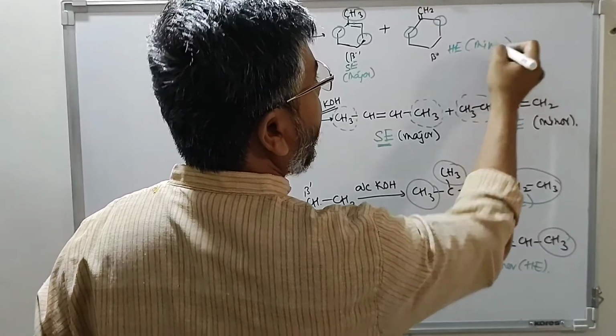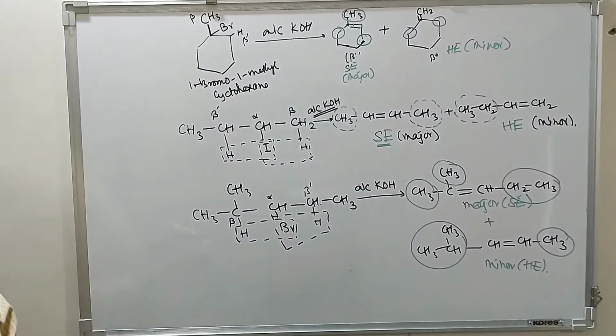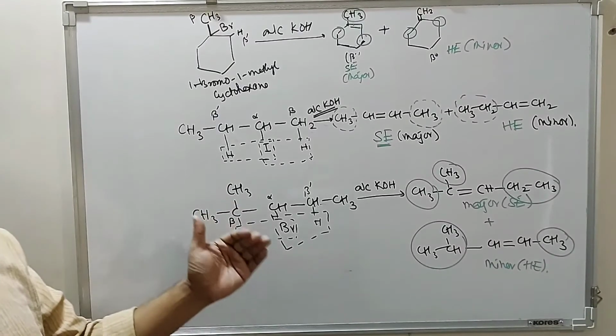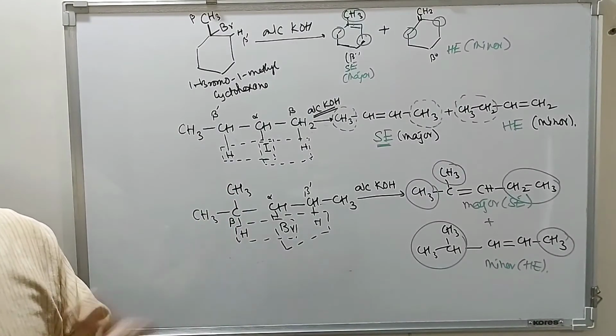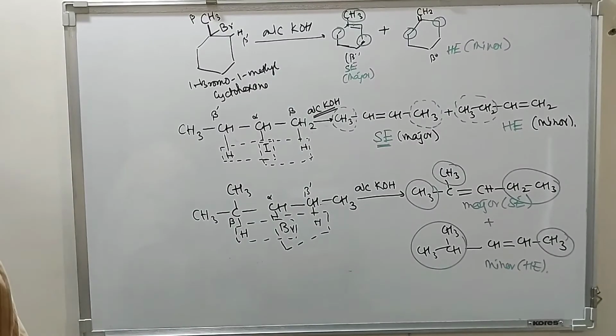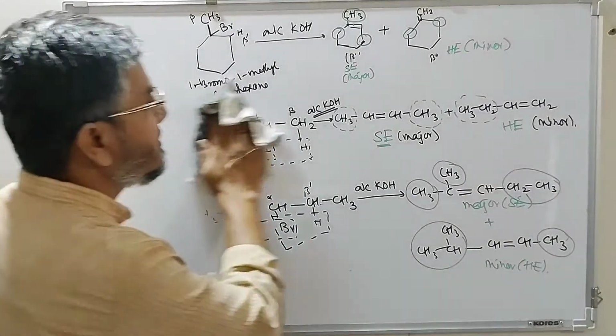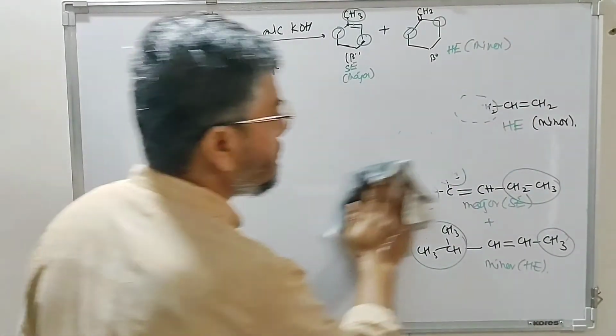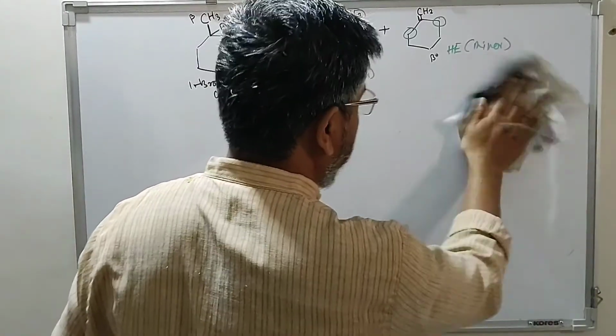So whenever we have more than one possible beta hydrogen, the product will be the more stable alkene. Now, some reactions may follow the Hofmann product.